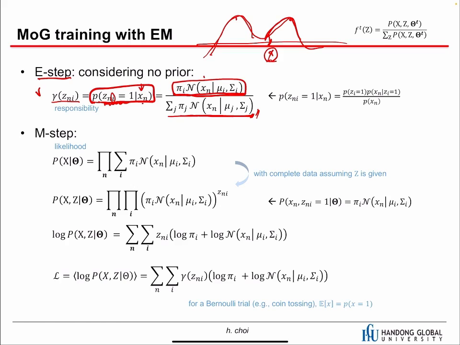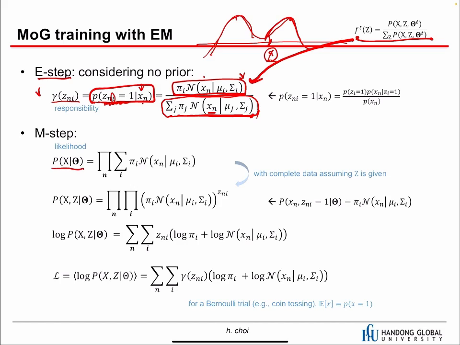The first component explains this x sub n, and the second component explains x sub n, etc. We sum all these probabilities, and this means how much this component explains x sub n. So this one corresponds to this one, like this. That is the E step.